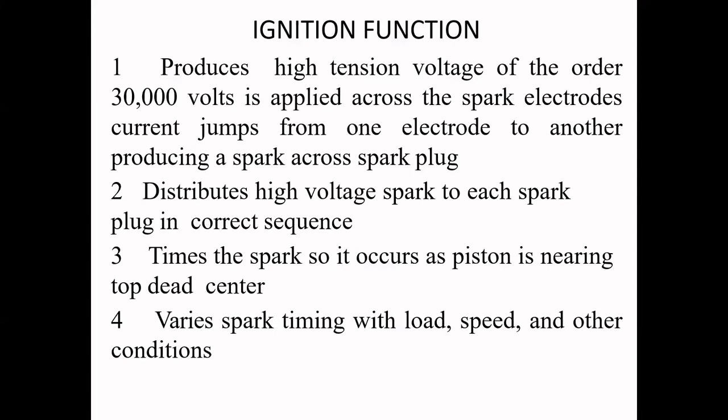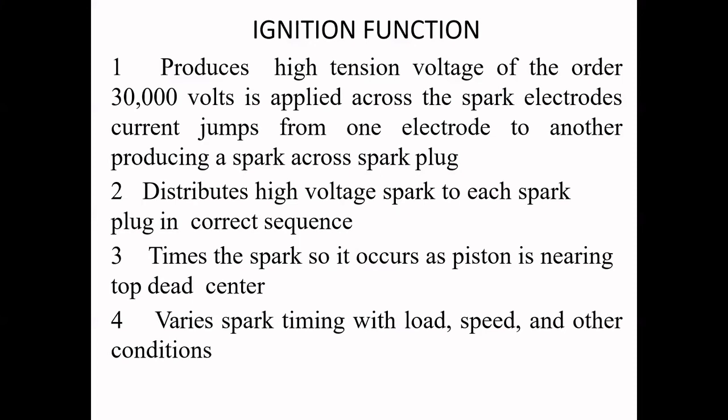The ignition system has to produce high tension voltage of the order of 30,000 volts and above. Generally, this is done with the help of an induction coil, which we are going to discuss.